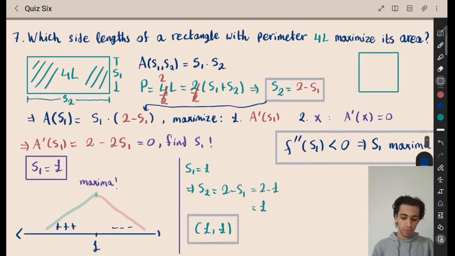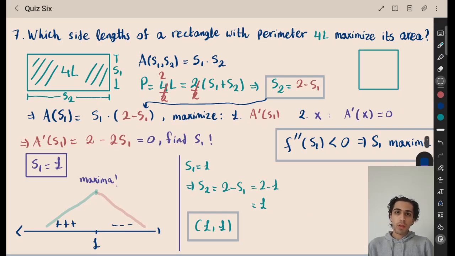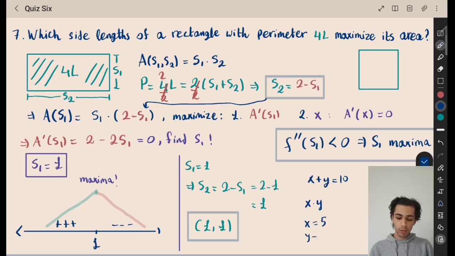It's a classic. And from here you can also deduce that the maximum product of two numbers which have a given sum is the sum divided by 2, then you take the square of the number. So if you have, let's say, two numbers that sum up to 10, and you want to maximize x times y, then you would take x equal to 5 and y equal to 5.